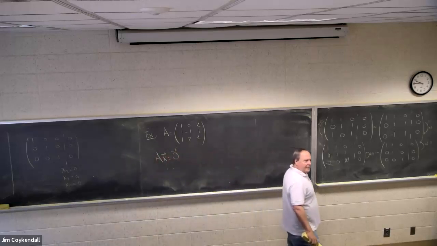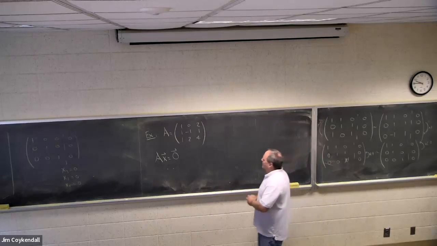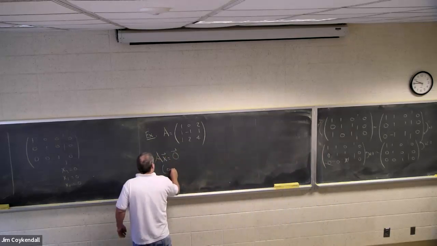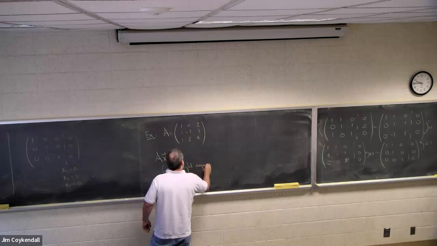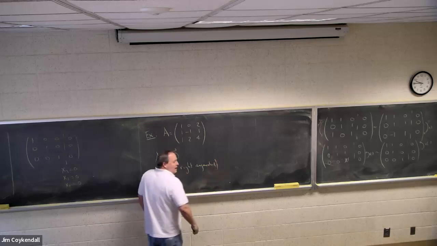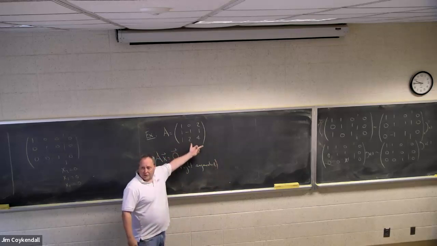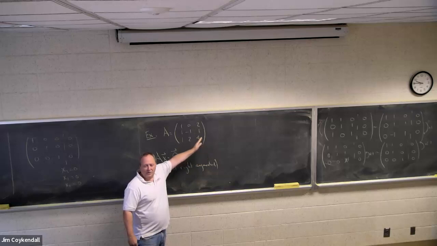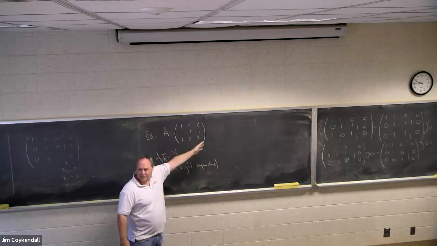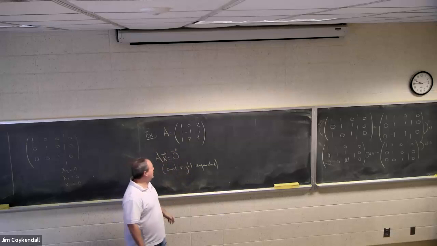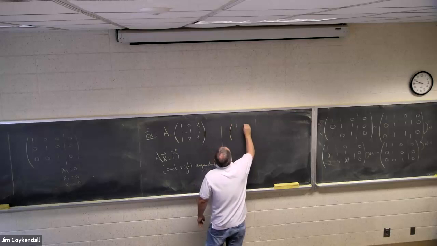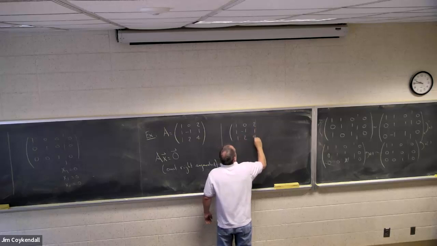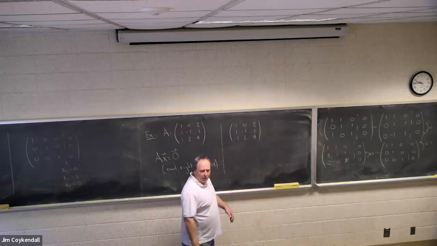I'm going to use the same technique, but in this case I'll omit the augmented part. I'm just going to reduce the matrix A using row reduction. If you're not comfortable with that, you can reduce it and then put that extra column of zeros at the end, because nothing's going to change about that. So let's take the matrix here: 1, 0, 2, 1, -1, 1, 1, 2, 4. And I'm going to reduce.